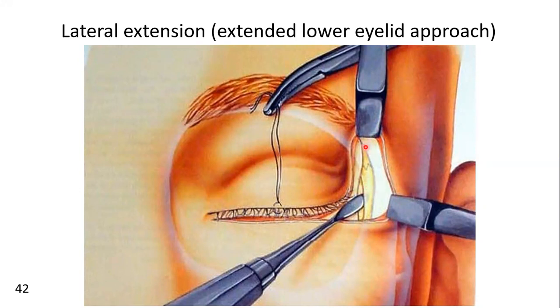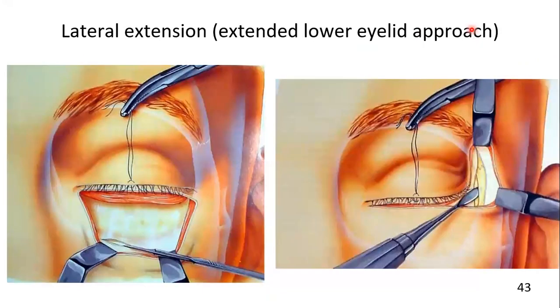Subperiosteal dissection exposes the entire lateral orbital rim, and a dissection into the orbital rim frees the tissues. Now the tissues are free and allow a retraction superiorly. The periosteal incision over the lateral orbital area and the infraorbital rim are then connected.